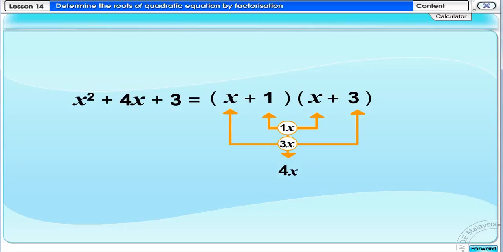Their sum is 3x plus 1x equals 4x, which is the correct middle term. Therefore, x squared plus 4x plus 3 can be factorized as (x plus 1) times (x plus 3).